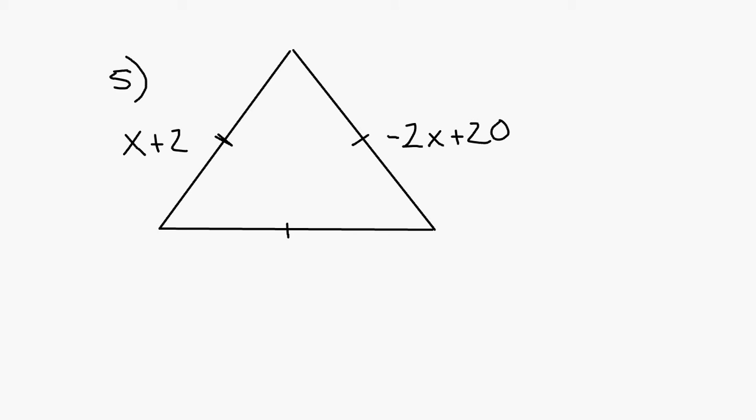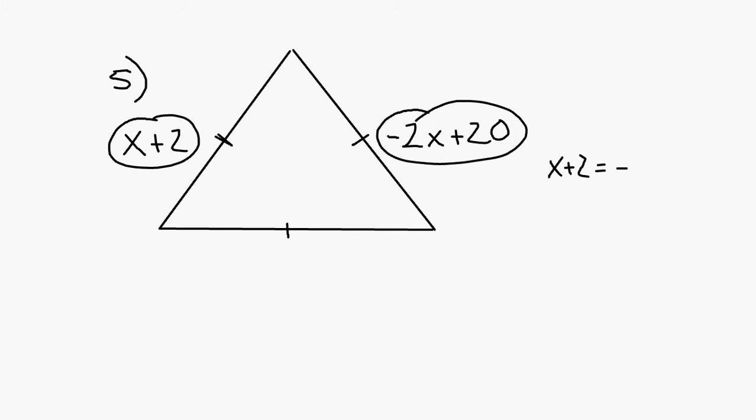Well, look, if this left side is x plus 2, and it's equal to the right side, which is negative 2x plus 20, you can solve for x. So if you take x plus 2 and make it equal to negative 2x plus 20, if you add 2x to each side, then 3x plus 2 equals 20.